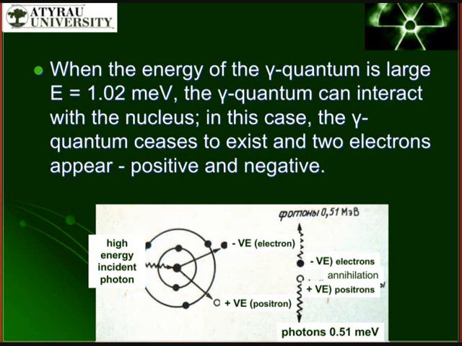Due to the equality of the masses of the positron and the electron, the most probable distribution of energy between them is when the energies are equal to each other, but electrons and positrons with different energies can also arise. The resulting electrons and positrons lose their energy to ionize the atoms of the substance.